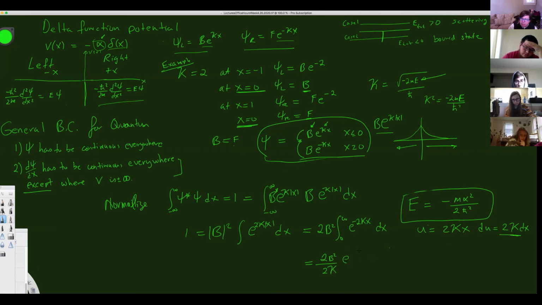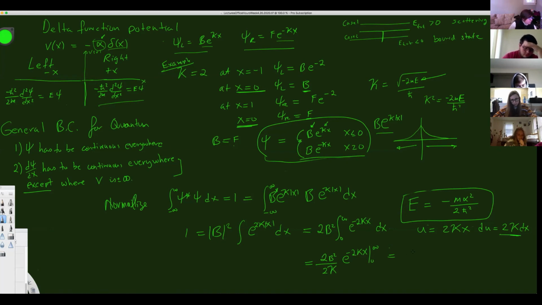And then it's just e to the minus 2 kappa x from 0 to infinity. The integral of e to the minus infinity is 0. So we get just the second term, e to the 0, which is 1.